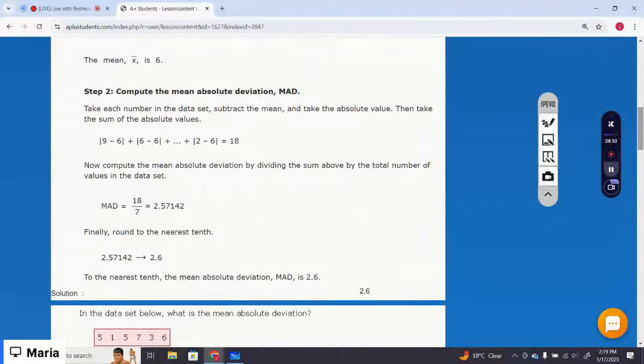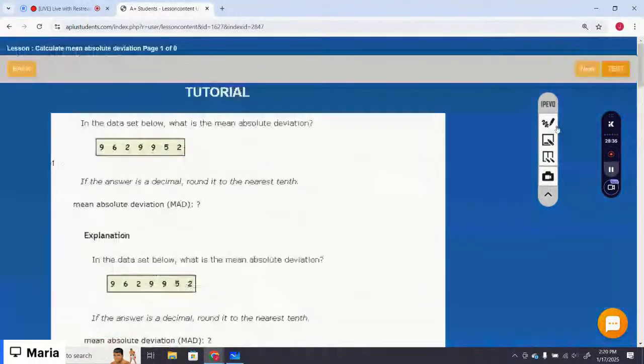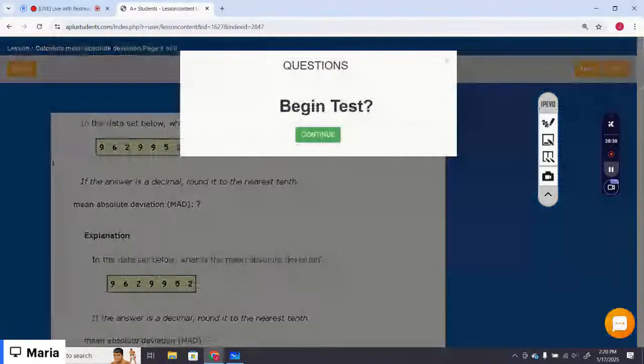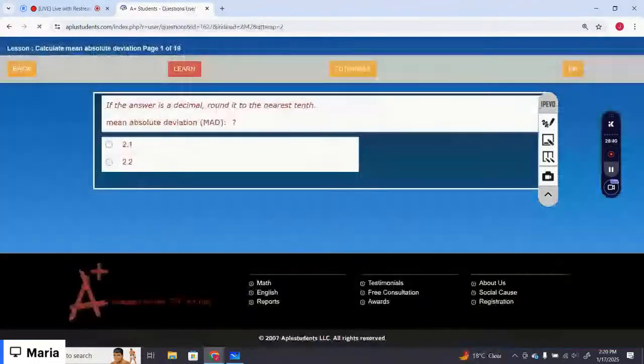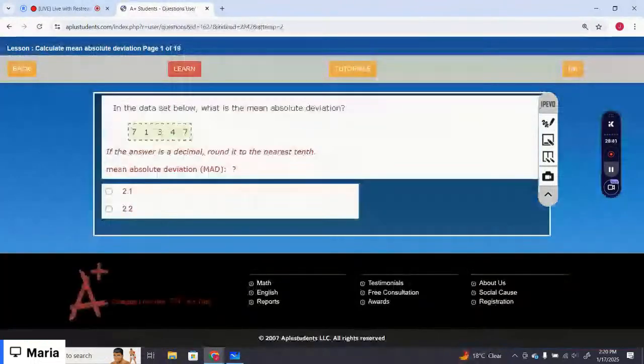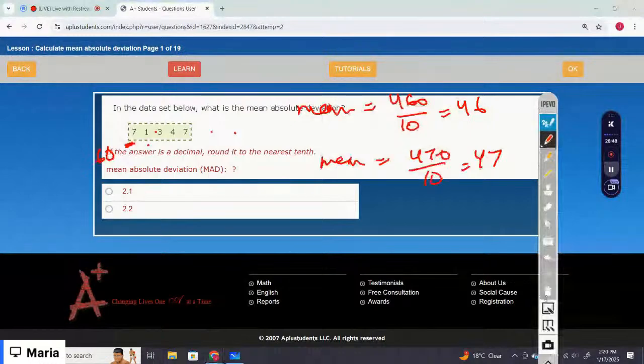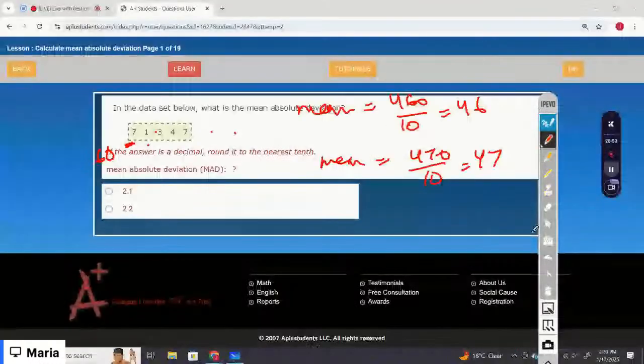Let's just start with the test questions. In the dataset below, what is the mean absolute deviation? The first thing is you need to calculate the mean. The mean is the sum of all the numbers divided by the number of values given, right?